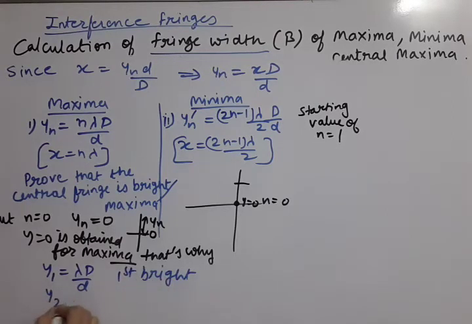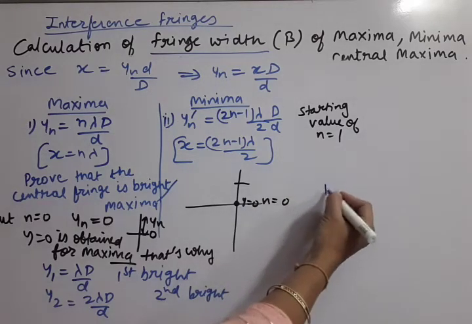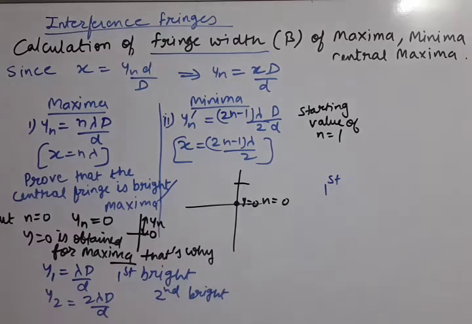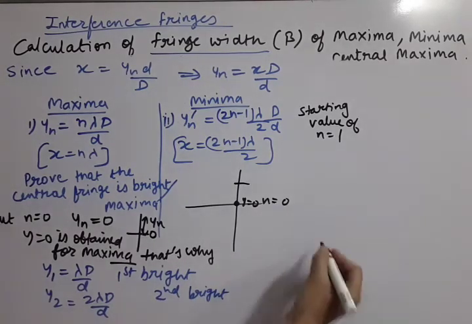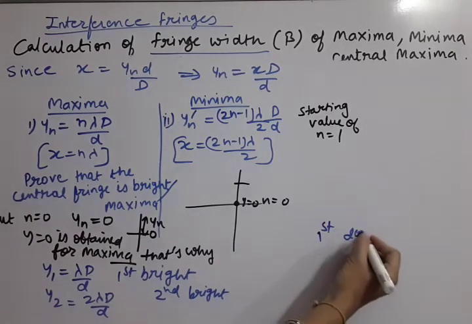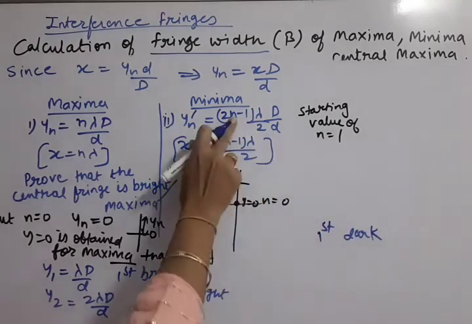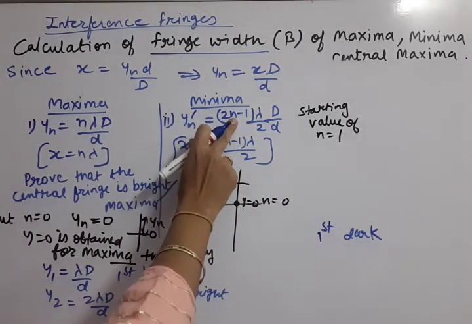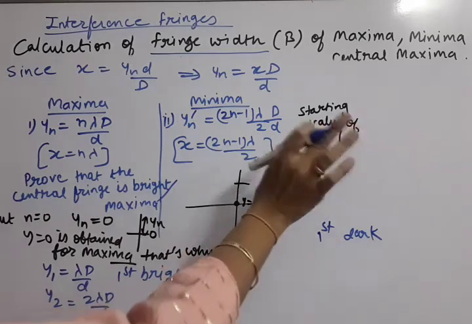In the same manner, if we need the second bright displacement formula, we have to put 2 here. In the same manner, for the formula of the first dark, I have to put n equal to 1 only, because the starting value of n is 1.